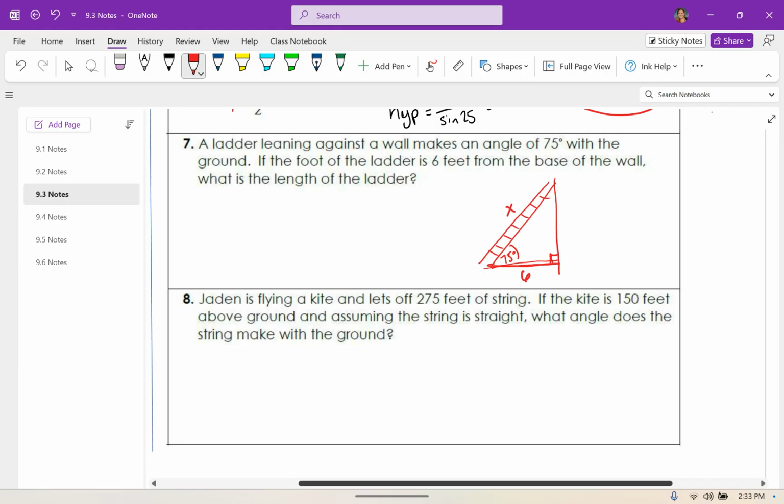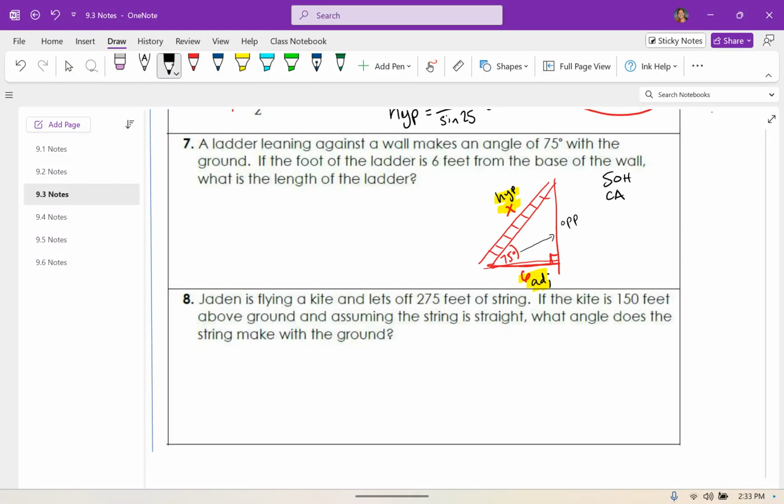Okay. So it looks like we know x is the hypotenuse, 6 is the adjacent, because across from 75 is opposite. So I'm given h and a. So toa, h and a is cosine. So cosine of 75 equals adjacent over hypotenuse.